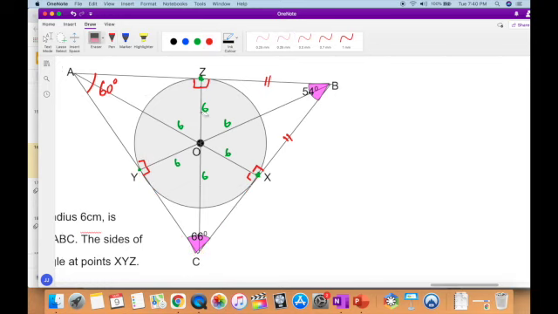Once you have two tangents meeting at a point, from where they touch the circle, they will be equal. So this is equal to this, and this here will be equal to this. So we do have some equilateral triangles taking place.